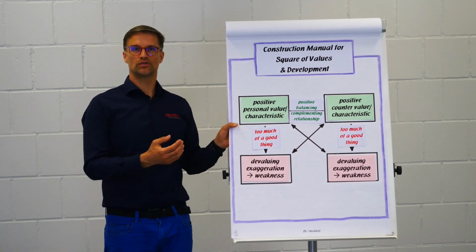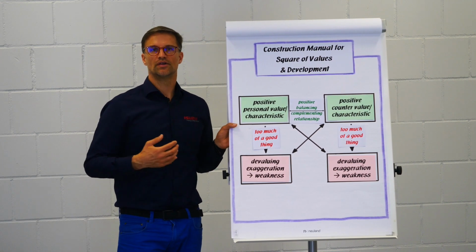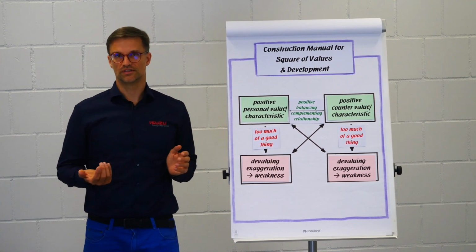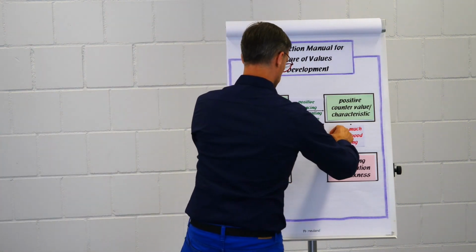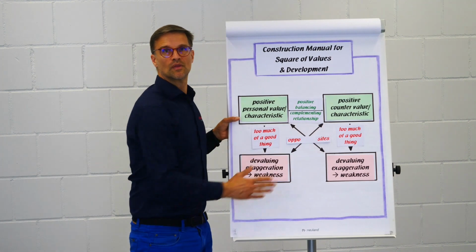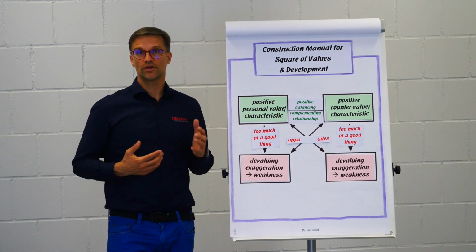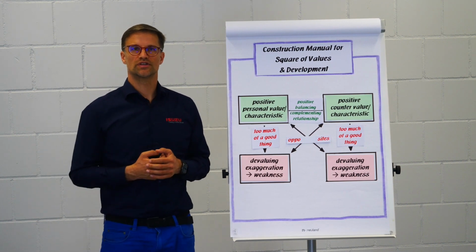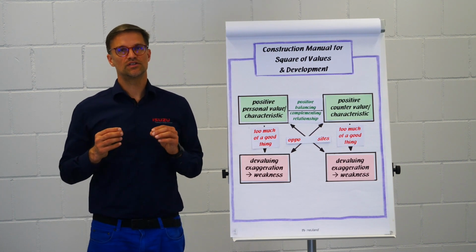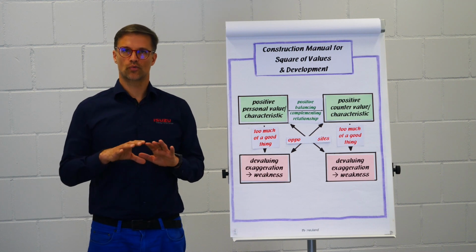If the square of value and development is built correctly, there are always opposites in the squares diagonally across from each other. At the end and during the process, you check that this is indeed the case to ensure that the squares are well balanced.